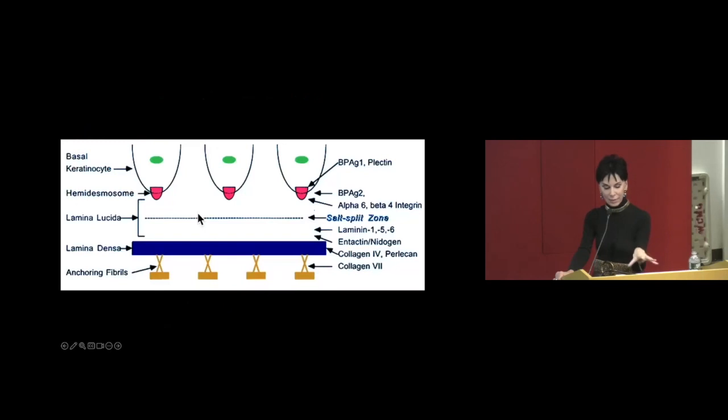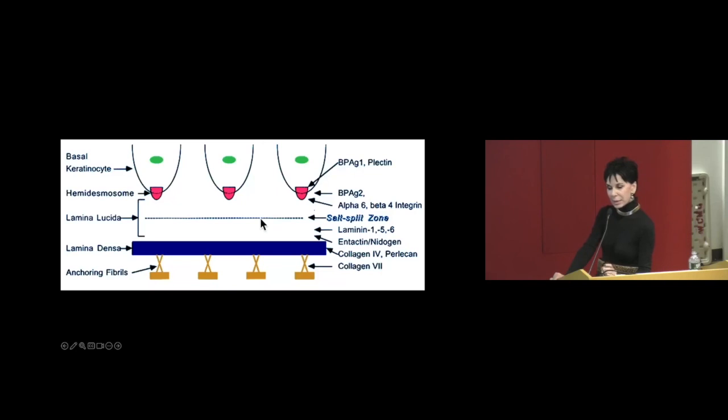So this is a graphical abstract of the basement membrane zone. So we have the basal layer keratinocytes, and we have the lamina densa, anchoring fibrils, and dermis. And if you take a piece of fresh skin and incubate the skin with saline, normal saline, you will induce a split in the basement membrane zone.